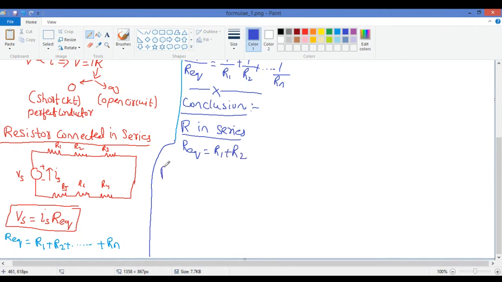If the resistors are in parallel, I'm writing for two resistors, 1 by R equivalent is equal to 1 by R1 plus 1 by R2. In short, I can write it as R1 into R2 by R1 plus R2. How did you get this? Just do cross multiplication.